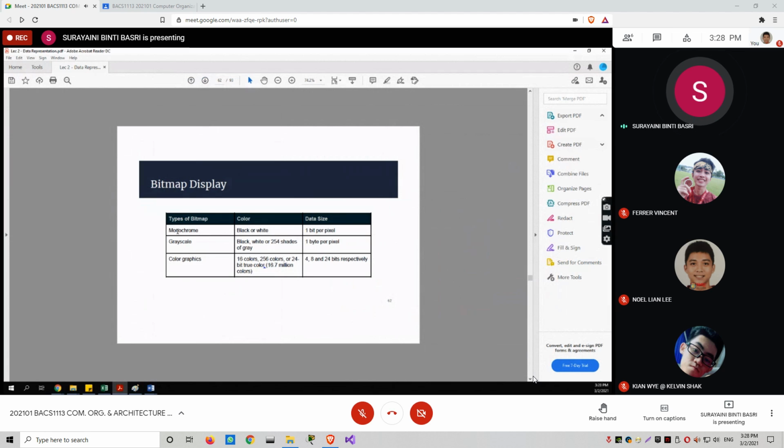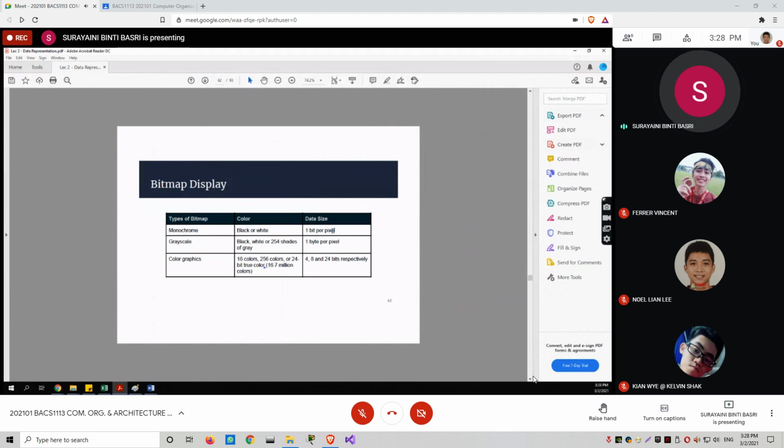So there are three types of bitmap image. First is the monochrome, which only consists of two colors, black and white. So each of the pixel, each of the grid, only holds one bit of data.